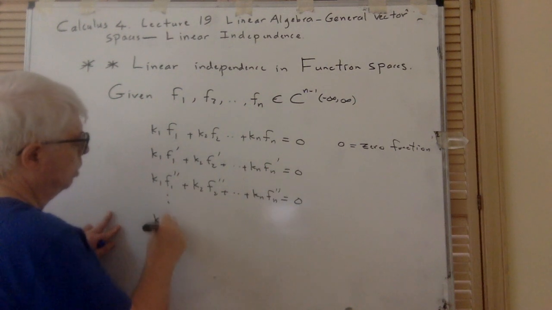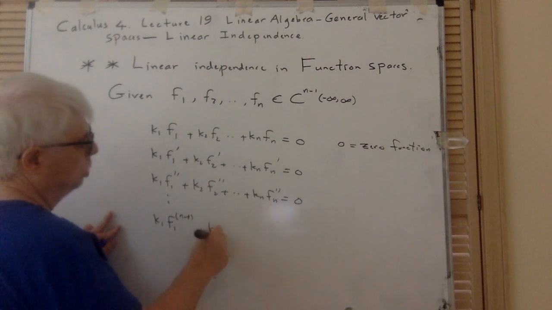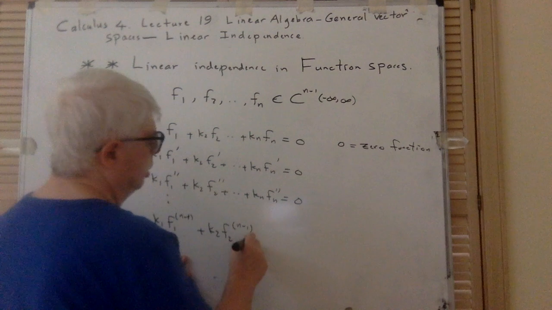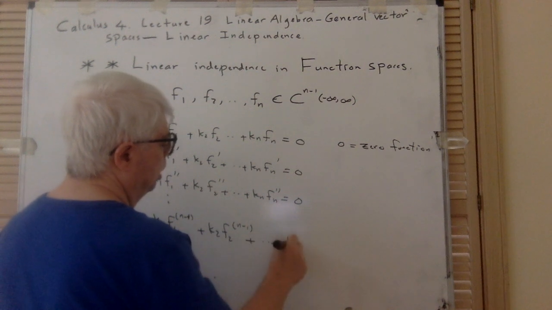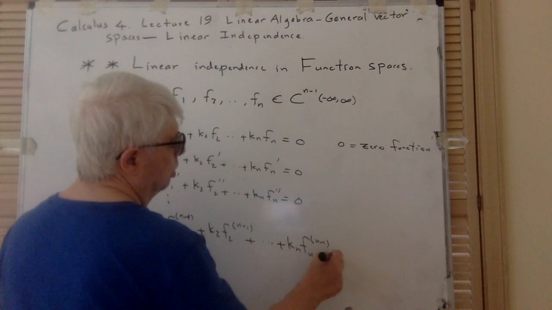And k1 f1 (n minus 1), this is n minus 1 primes, plus k2 f2 (n minus 1), and plus kn fn (n minus 1) equal to 0.